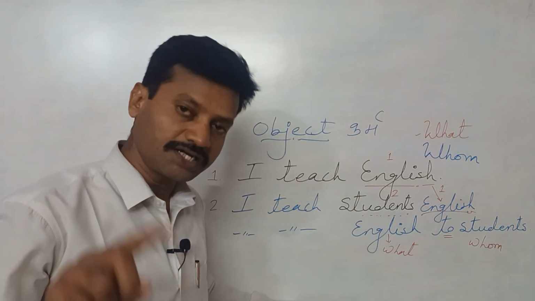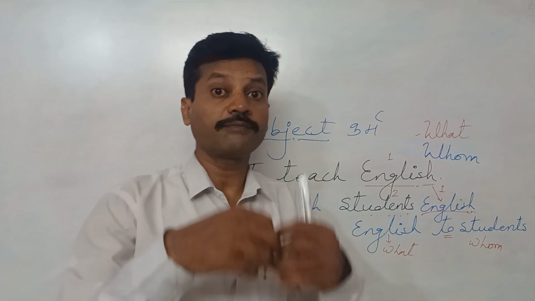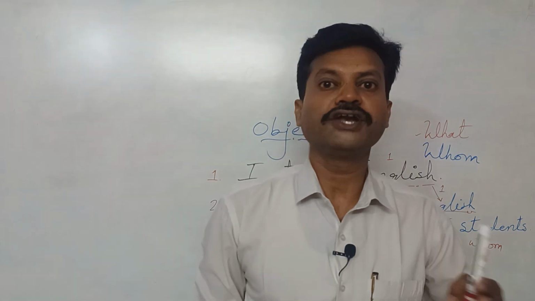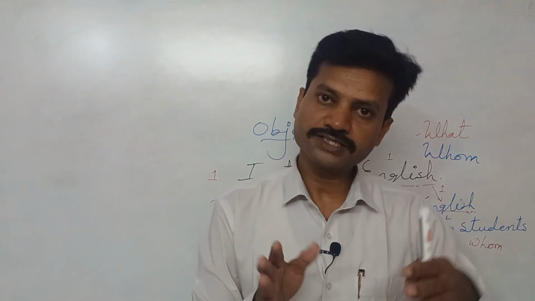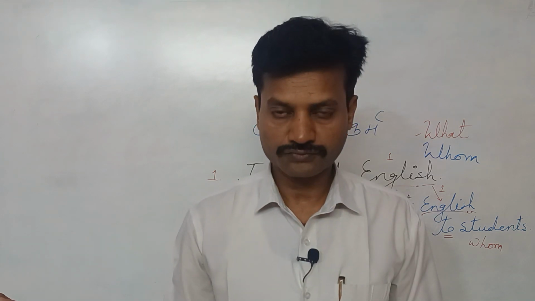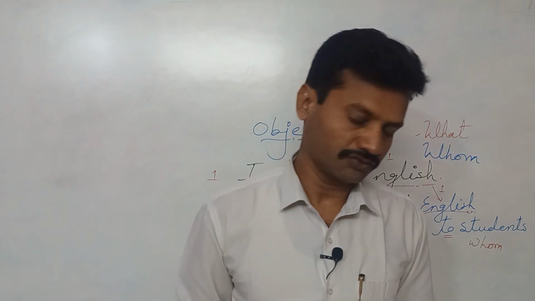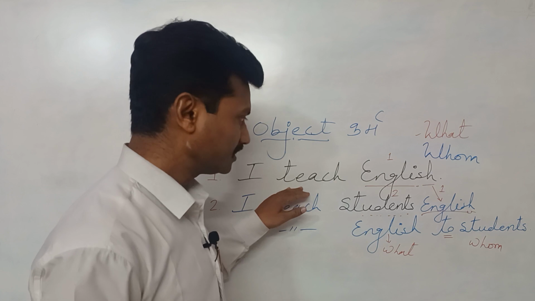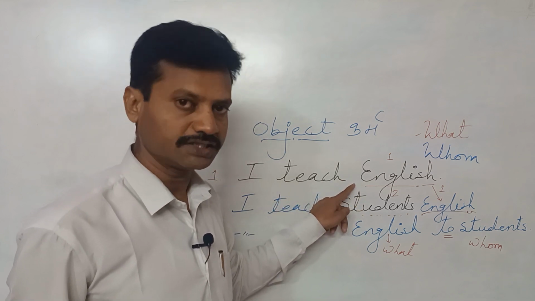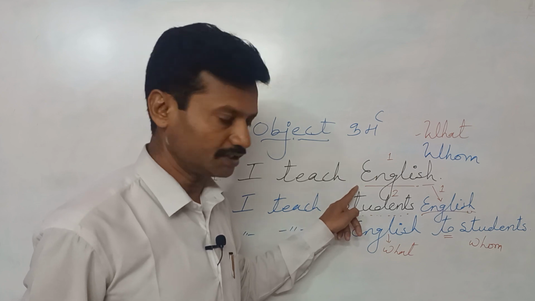Which means in a sentence there may not be an object. For example, he is running. Is there any object? No. There is no object. Like this, I teach English. Is there any object? Yes. What? English.